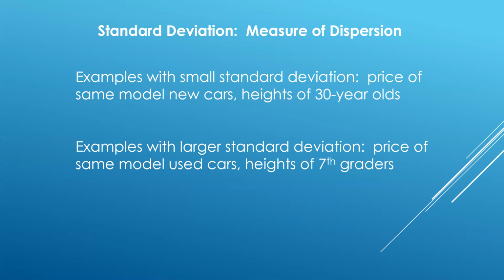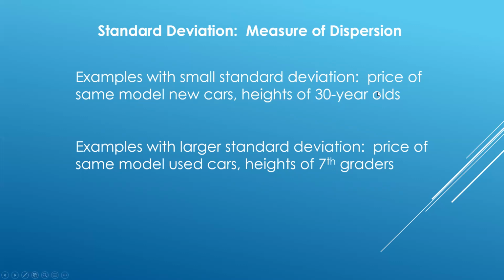Okay, some examples of small versus large standard deviations. The price of the same model of new cars would have a small standard deviation because, if we're talking about just one model of a car, there aren't a lot of differences between the options. So the difference in the prices aren't going to be that big.